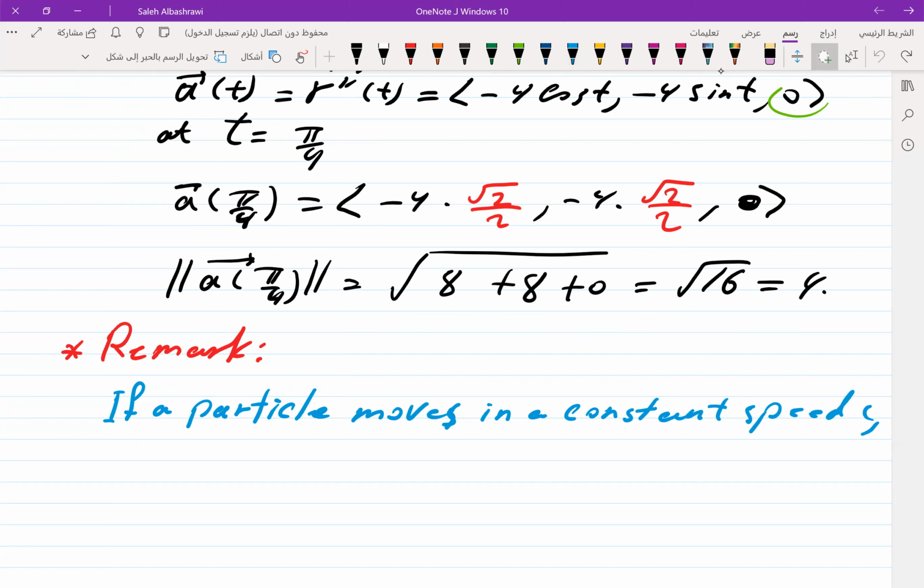Then its acceleration vector is perpendicular to the velocity vector.